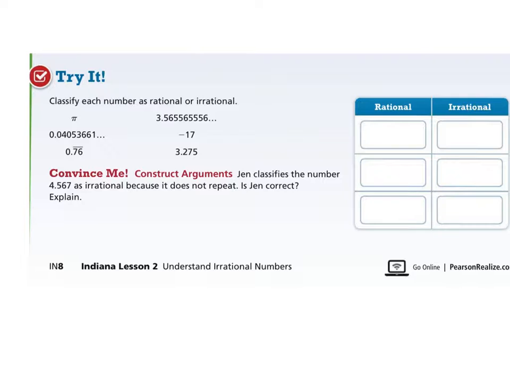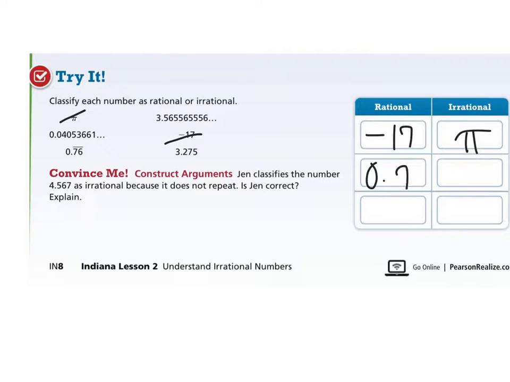So one of these, pi, would be irrational. We already talked about it's about 3.14. Decimals keep going, don't repeat. Negative 17 would be rational, because we could write that as negative 17 over 1, or you could just say, well, decimals don't keep going and not repeating themselves. No decimals even there, so that's got to be rational.